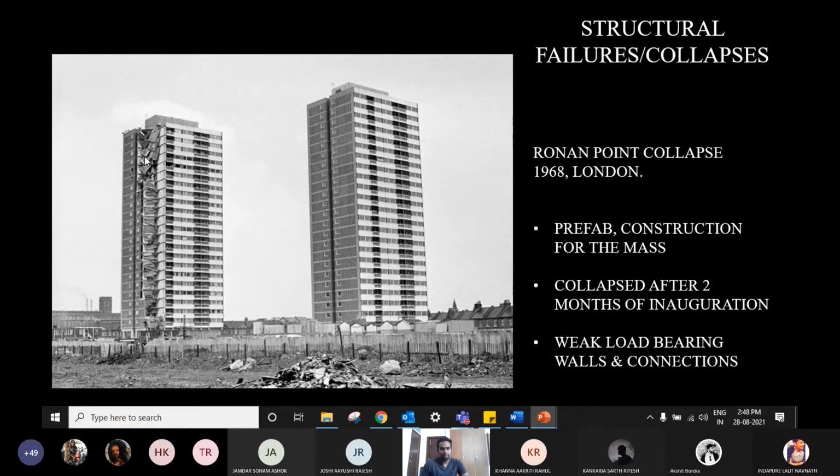So that wall failed, there was nothing to take care of the load from the top 3 floors, and everything started collapsing in a domino effect. A progressive collapse. That's what we call a progressive collapse.